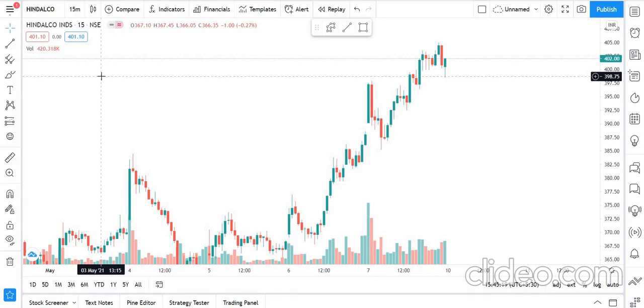Apart from that, we have also taught you how to do the stock selection, which stocks you should apply your strategies on. Now you know this is a strategy, I have the rules of the strategy, and I'll be buying and selling stocks based upon it. Now on which stocks should I apply those strategies? We have shared those videos also with you.